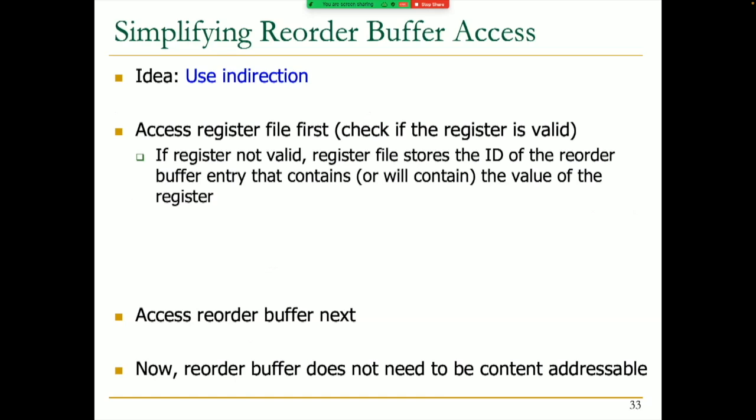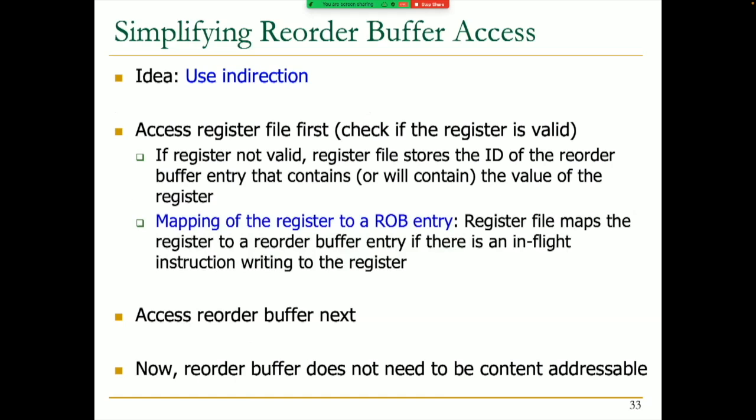So if the register is not valid, the register file stores the ID of the reorder buffer entry that contains or will contain the value of the register. Now we're going to actually complicate this register file a little bit to make the reorder buffer access simple. We're going to see this also with an example soon. But basically, we're going to map a register file entry to a reorder buffer entry. When an instruction is decoded, it checks whether the source register is there in the register file.